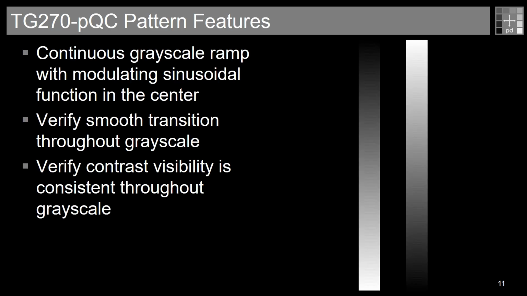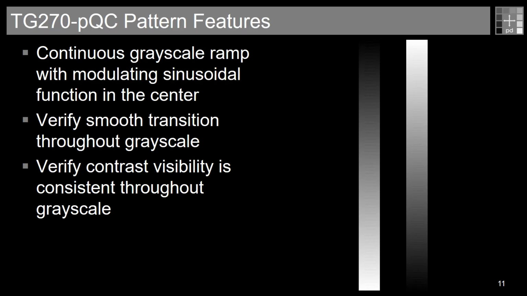Next, let's look at the right and left side of the pattern where a grayscale ramp and a modulating sinusoid is displayed. The continuous grayscale ramp with that modulating sinusoid function through the center allows you to verify smooth transition throughout the entire grayscale. The left side of the pattern's grayscale goes from black at the top to white at the bottom, while that's switched on the right side with white at the top and black at the bottom.